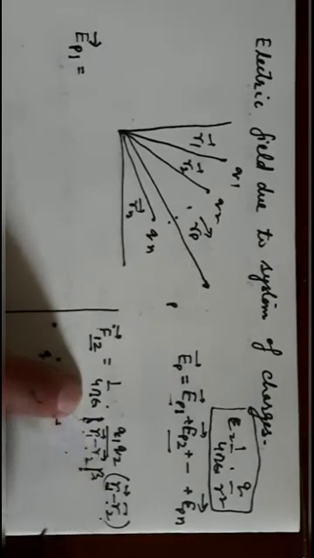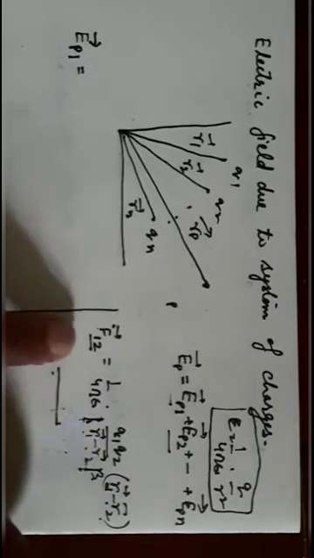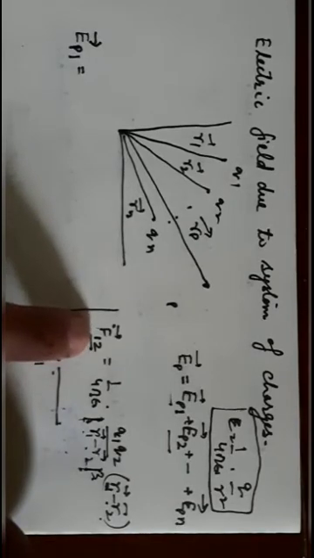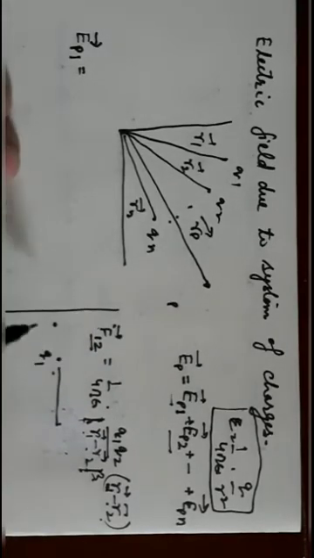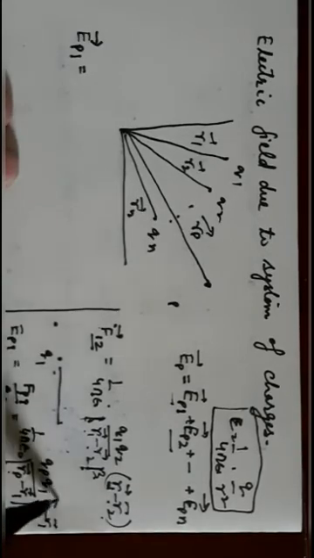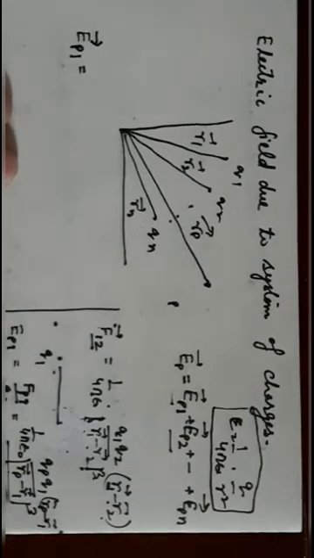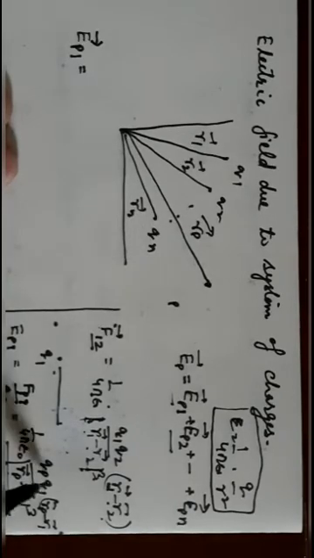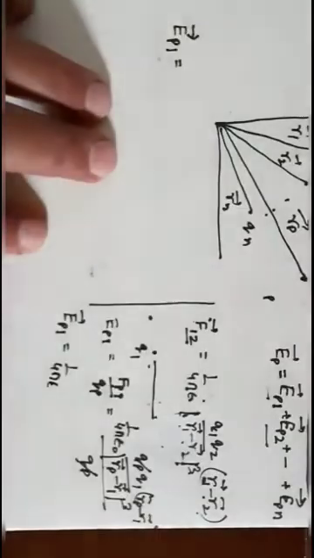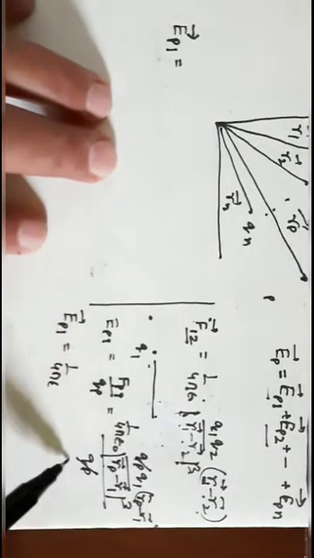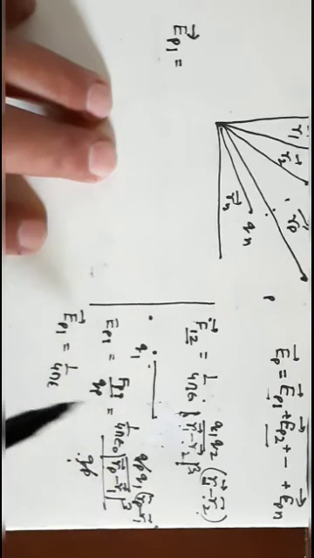Here we want the force on the test charge at P due to the first charge, with vector rp minus r1. If we divide by qp, qp gets cancelled out and we are left with the electric field at point P due to the charge q1.